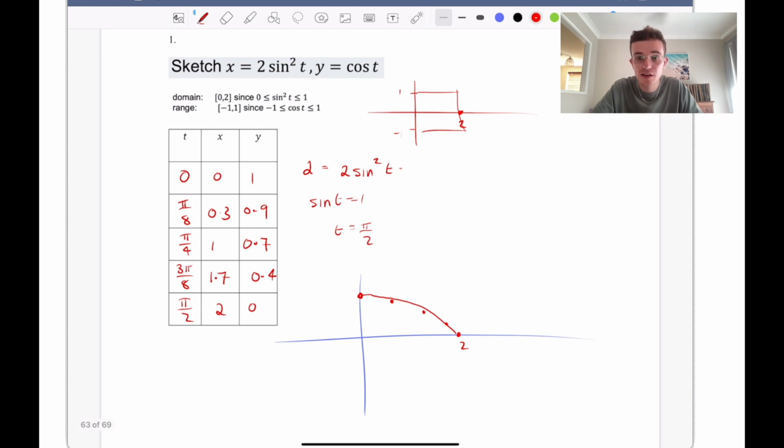Sadly, though, it's not that easy. We've got to consider the symmetry of this graph, or we have to do a bit of thinking here. These are radians along the side, and they're radians in the first quadrant. Or not in the first quadrant, they're kind of positive radians. My first quadrant's up here, and the fourth quadrant's down here.